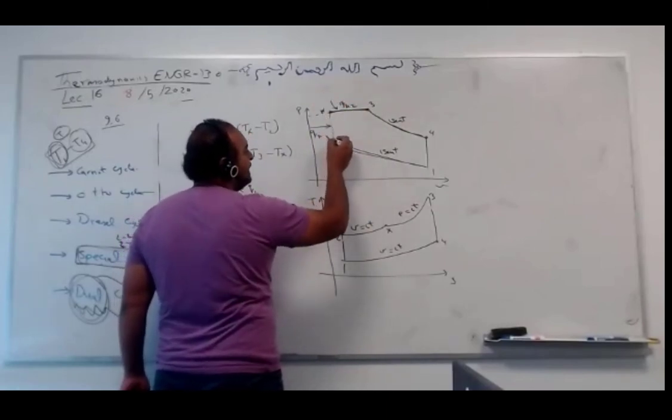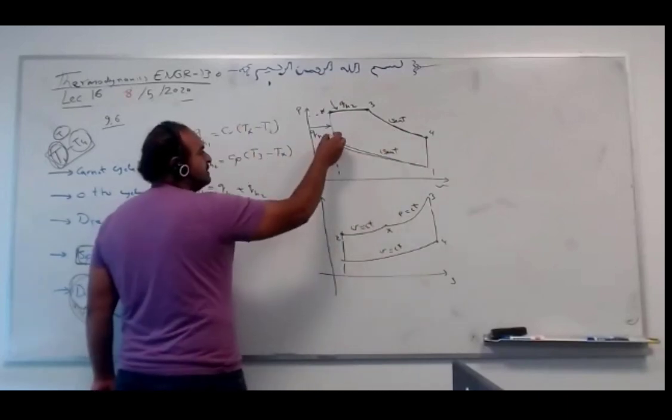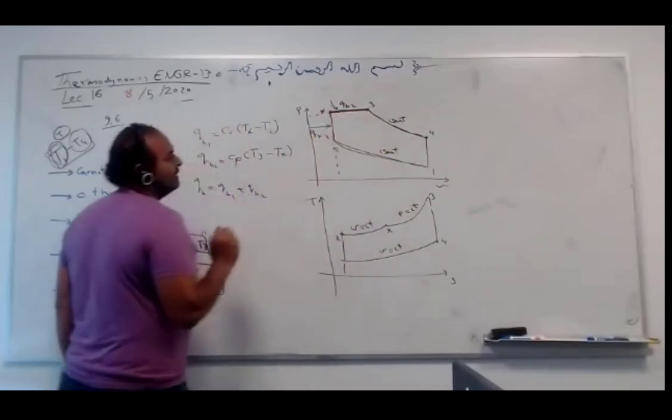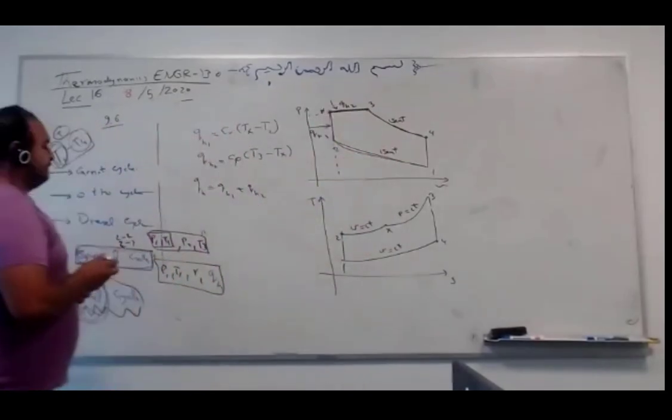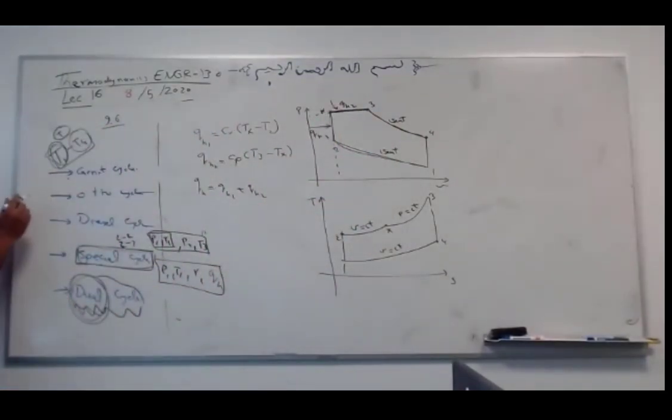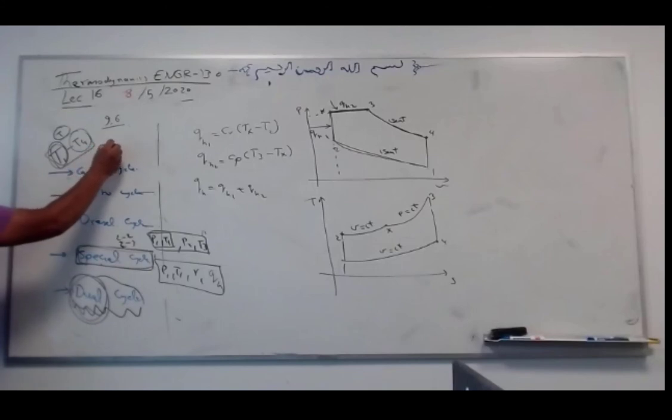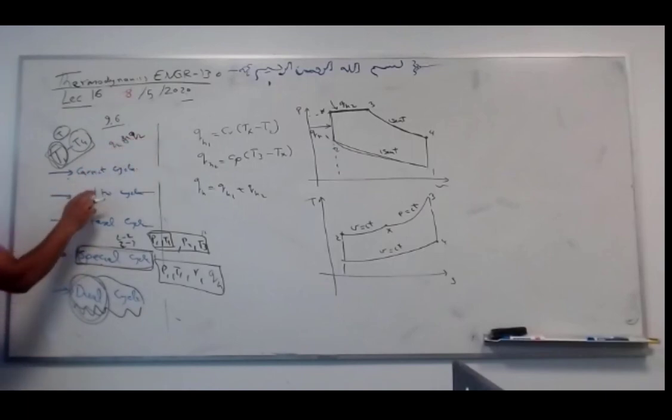So if you go completely horizontal, Diesel. Some part vertical, some part horizontal, Dual. Completely vertical, Otto. Carnot, all of them have two isentropic processes. Here the Q_H and Q_L are at constant volume, while in Carnot they are isothermal, constant temperature.